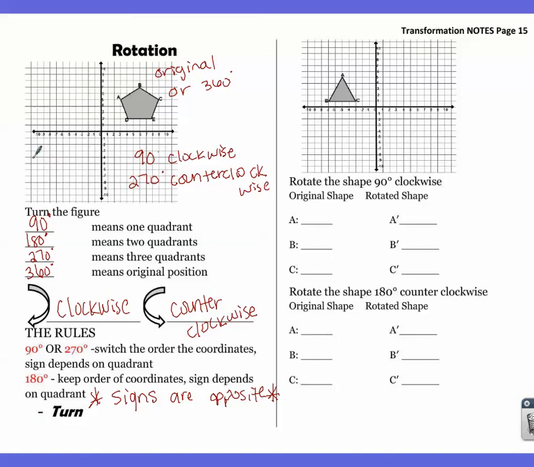If I end up in the third quadrant, that is going to be a 180 degree rotation, whether you go clockwise or counterclockwise. And if I end up in the second quadrant, this is going to be either a 90 degree counterclockwise or a 270 degree clockwise.